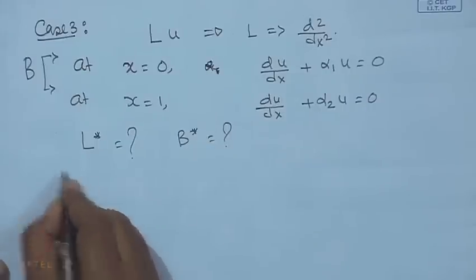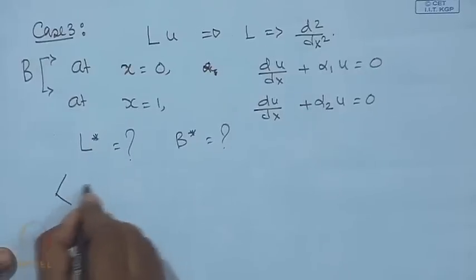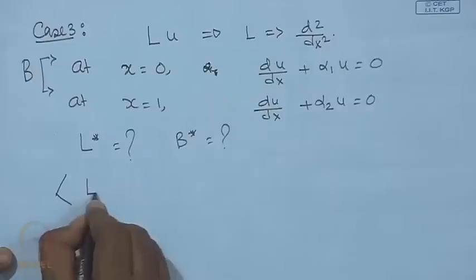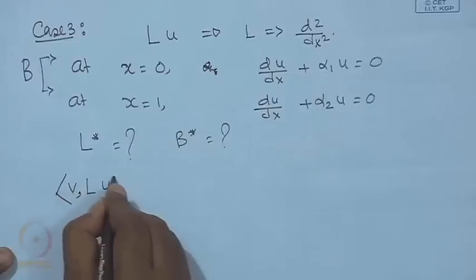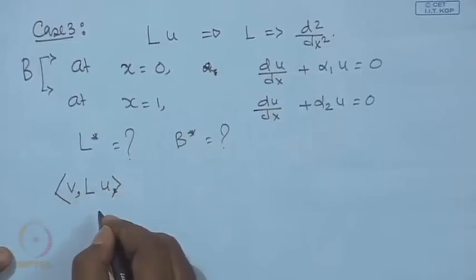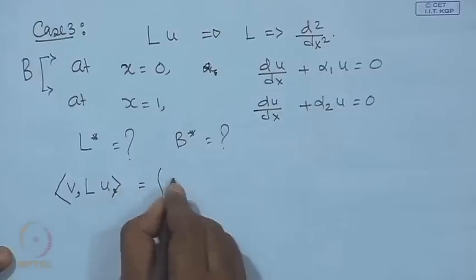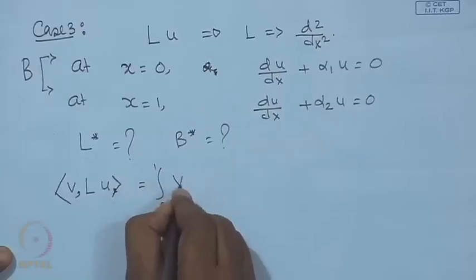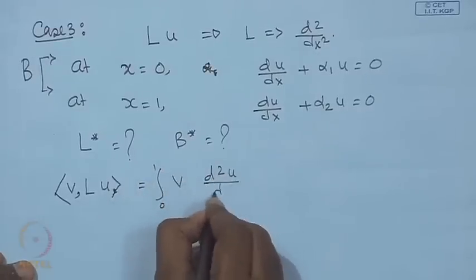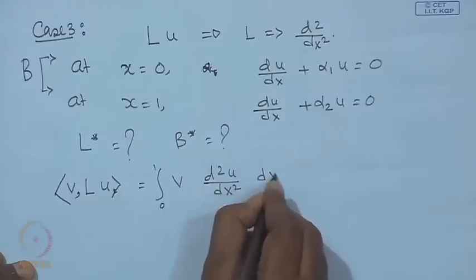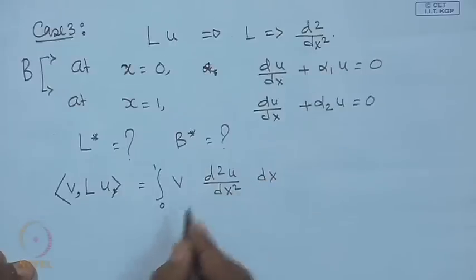Now, we proceed the same way as earlier. We evaluate the inner product of V and LU. It will be the integration from 0 to 1 of V times d square u by dx square, dx. Again, do integration by parts.